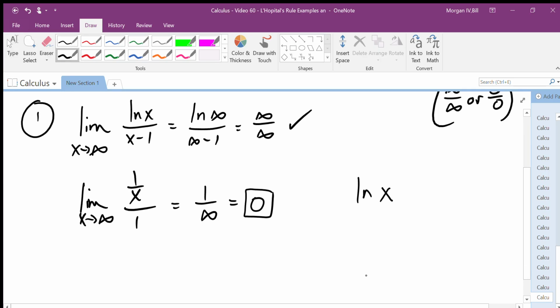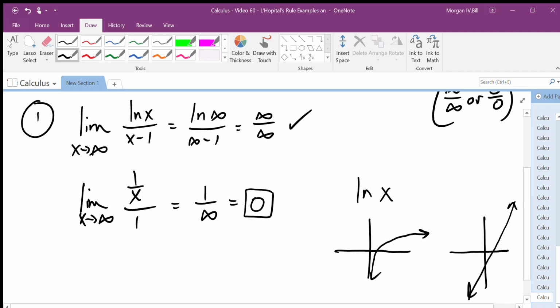The natural log of x looks like this. As x goes to infinity, it does go to infinity, but not very quickly, right? Whereas x minus 1 is this line. As x goes to infinity, this curve gets to infinity quite a bit faster than the natural log of x.